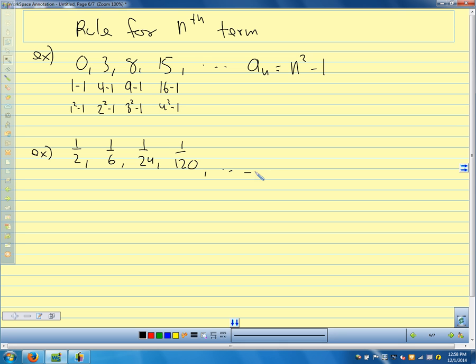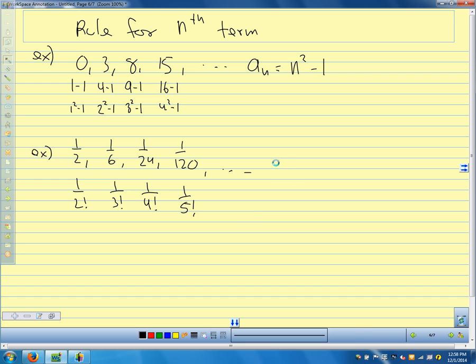Okay, so what is that thing? 2 times 3, and we're multiplying by one higher number each time. What is that? Factorial, right? So this is 1 over 2 factorial, 1 over 3 factorial, 1 over 4 factorial, 1 over 5 factorial.